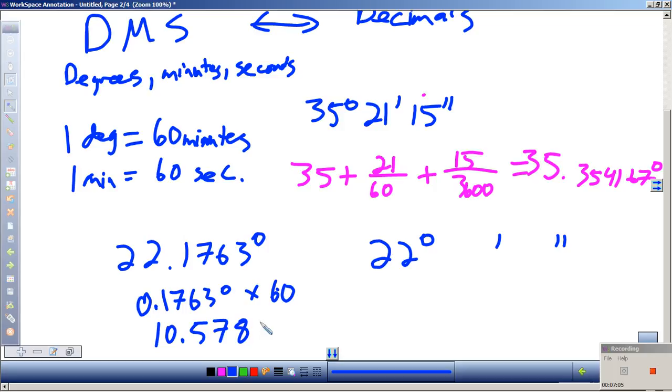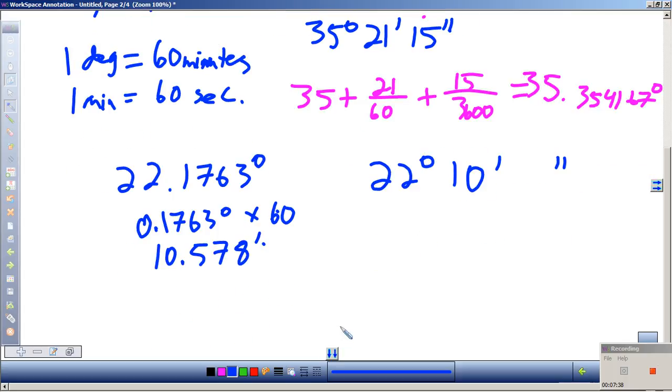So this is now minutes. By multiplying by 60, we change from degrees to minutes. Remember, each degree has 60 minutes. So if I had 2 degrees, how many minutes? 60 times 2. If I had 5 degrees, 60 times 5. So if I have 0.1763 degrees, multiplied by 60, I get the number of minutes. So I get 10.578. So how many minutes do I have? 10. That's going to go here.